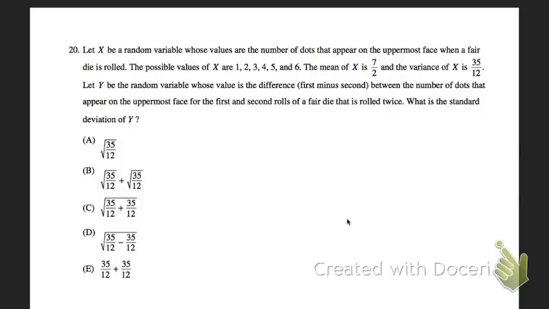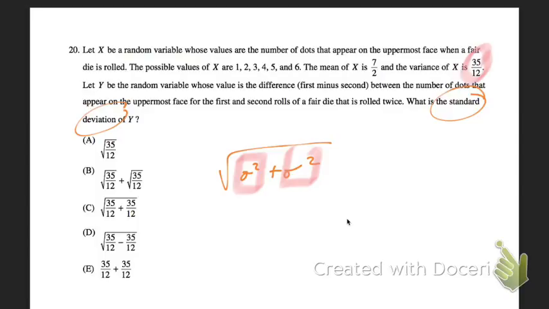So you're combining the standard deviations, which is always like square root of the standard deviation squared. But it gives you the variances already, and variance is just what compared to standard deviation? Standard deviation squared. So it actually gives me these numbers already.